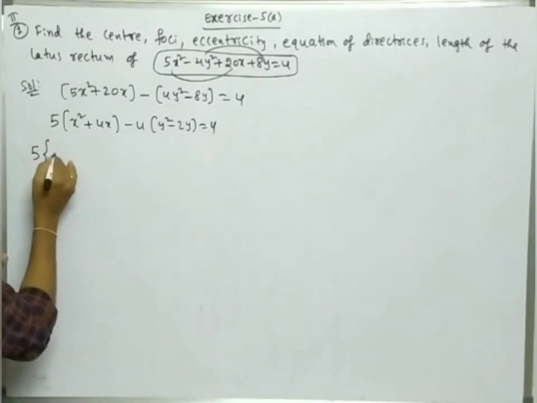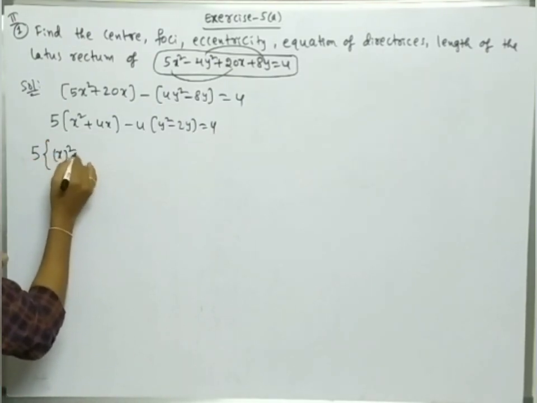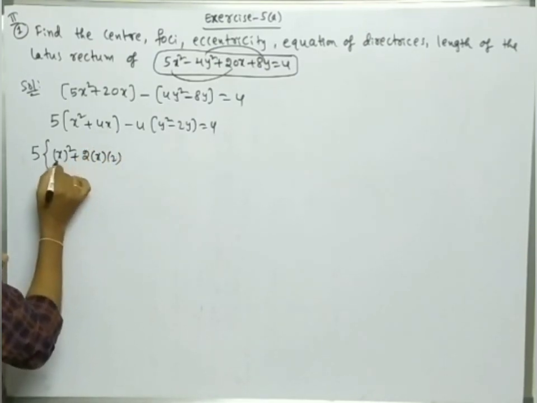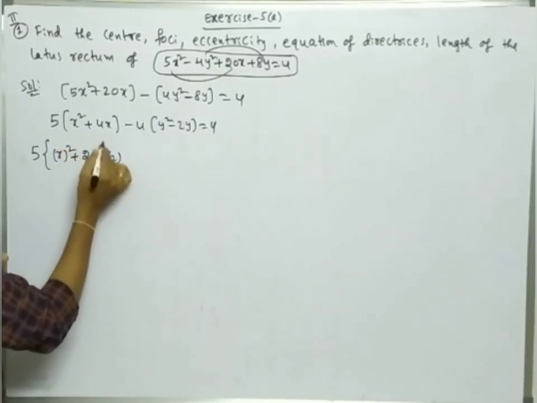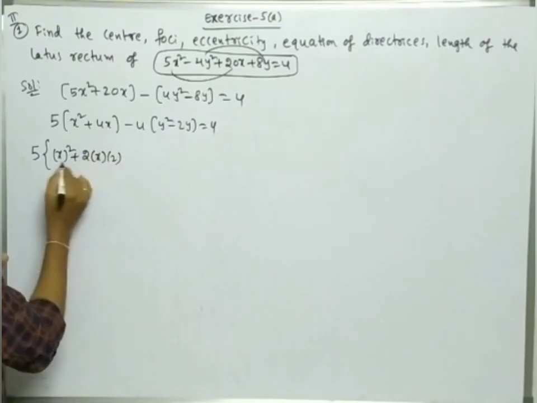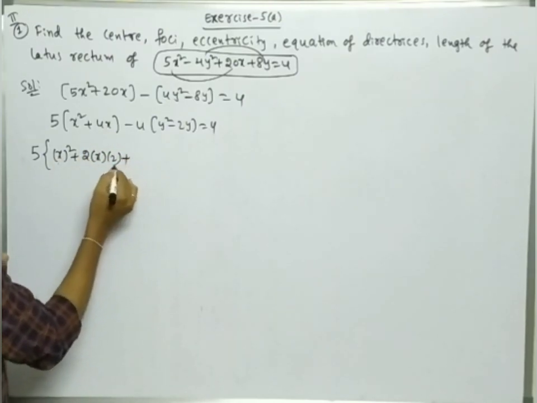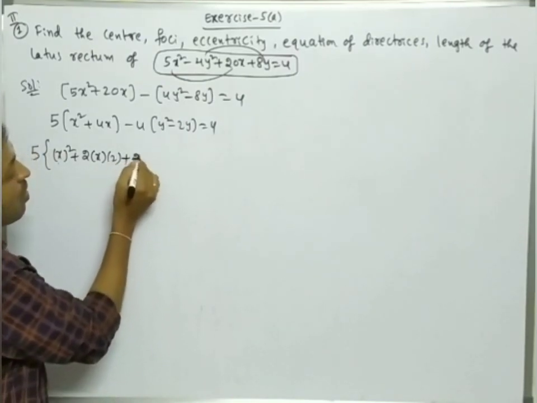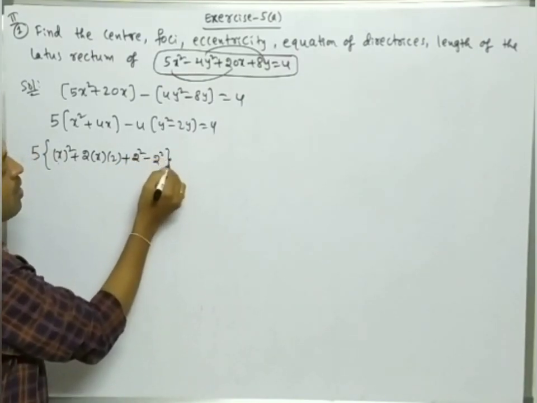5 into a square plus 2ab. Here a square plus 2ab means 4x, so we should add b square, that means 2 square, and subtract it.